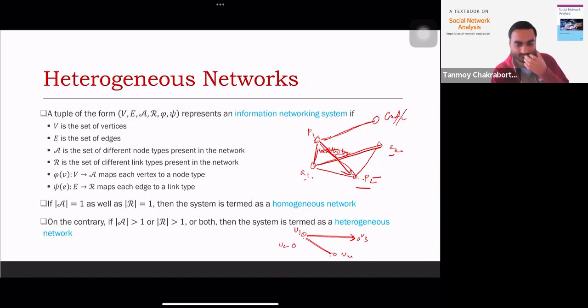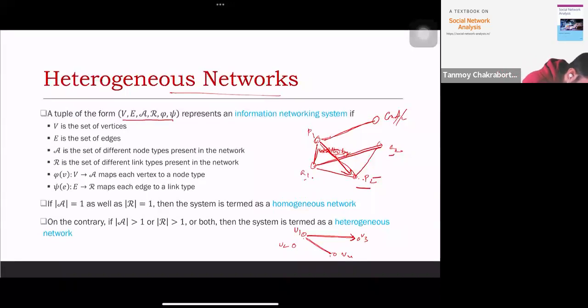So when we define a heterogeneous network, it is defined by the following tuple: V, E, A, R, phi, psi. V indicates the set of nodes, E the set of edges. What is A? A indicates a set of types of nodes.